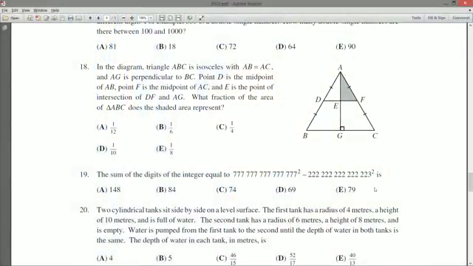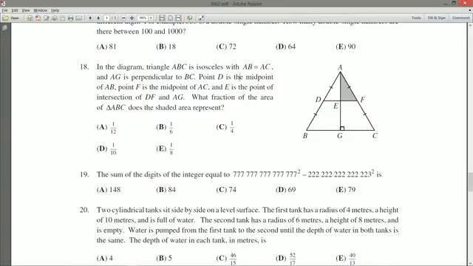And what does 18 say? In the diagram, triangle ABC is isosceles, with AB equal to AC. So they tell us which two sides are equal. And AG is perpendicular to BC. So AG is going to run completely down the middle, splitting this thing in half.